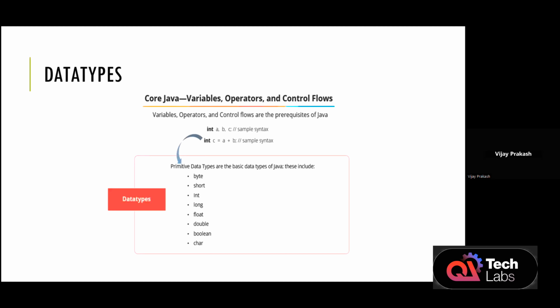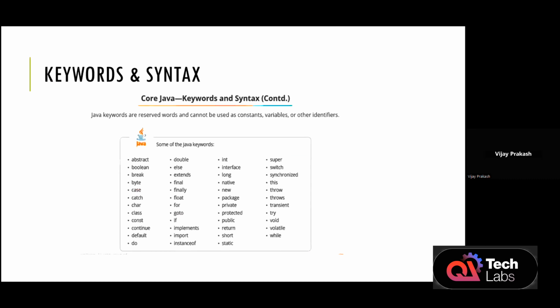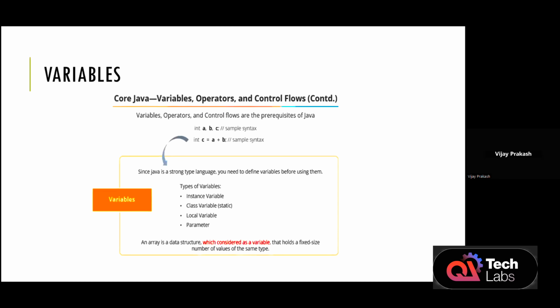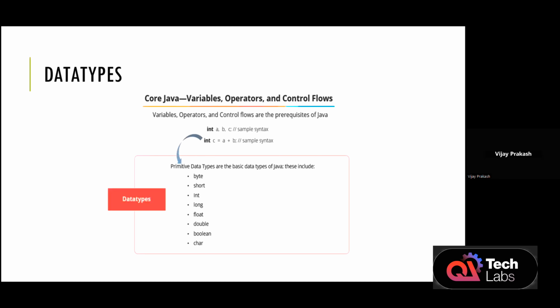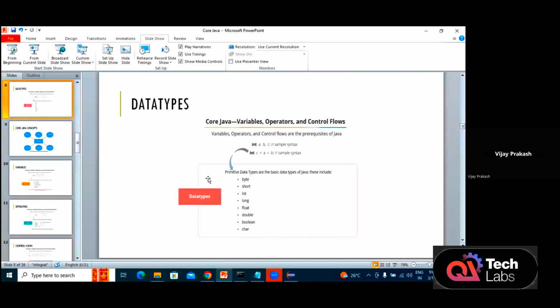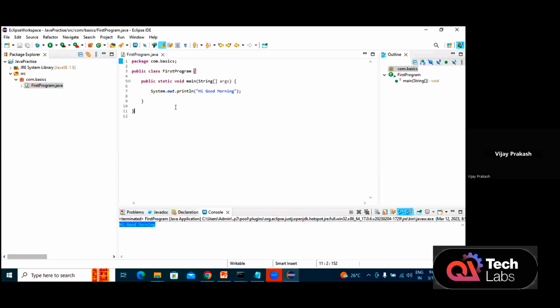Before we jump into the data types part, I will quickly show you how we can execute or define our data types. I'll share this project with you, you don't need to worry, but when you are practicing, always have a proper naming convention for your Java files.